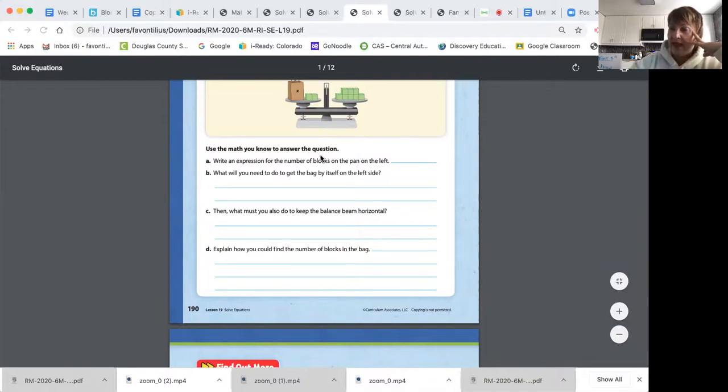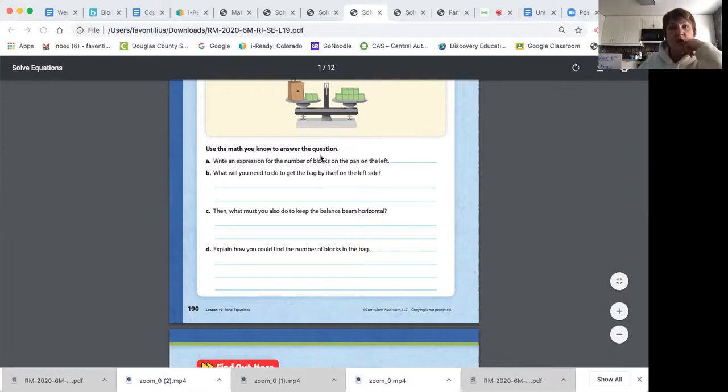Of course, if we could be doing this together, you would be reading these to each other. Okay, A, I would say it's x plus 2. Wouldn't you? Because if I recall, an expression has a variable, an operation, numbers, but no equal signs. So for A, I have x plus 2.